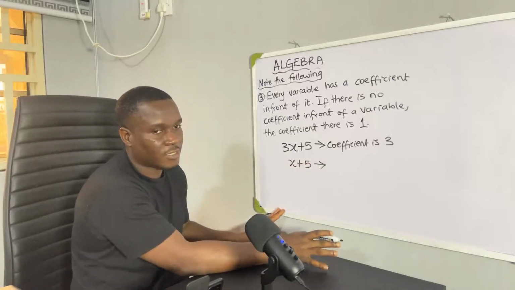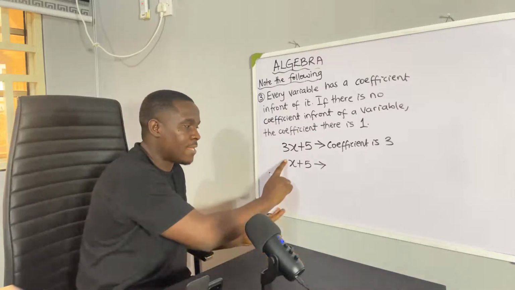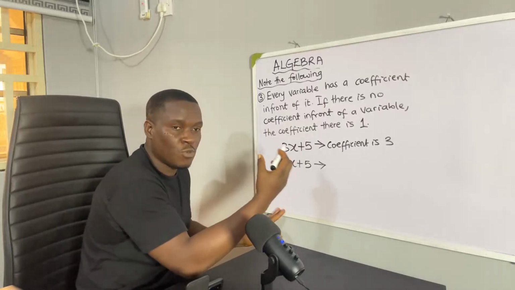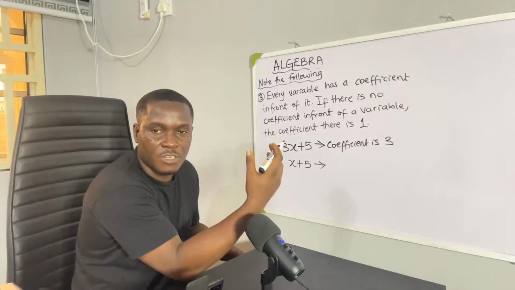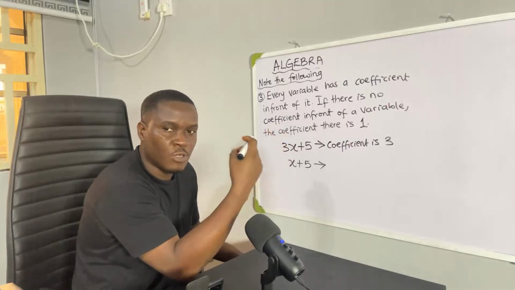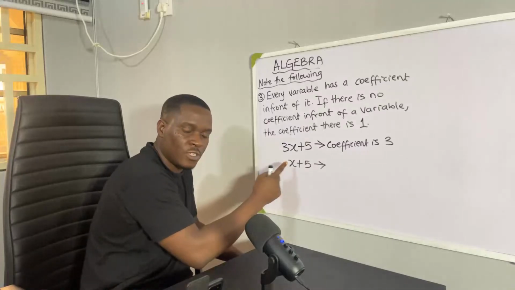What is the coefficient? Is 1. So since I can't find any number in front of x, I should know that there is an invisible 1 there. This is one of the things that makes algebra seem mysterious. A student gets an answer and they will say, how did you get this? How come you got this? It's because they did not know that there was actually a number here, which is 1.